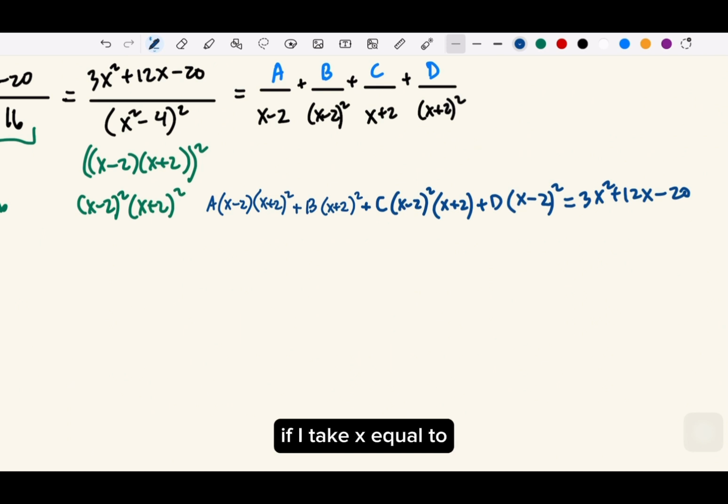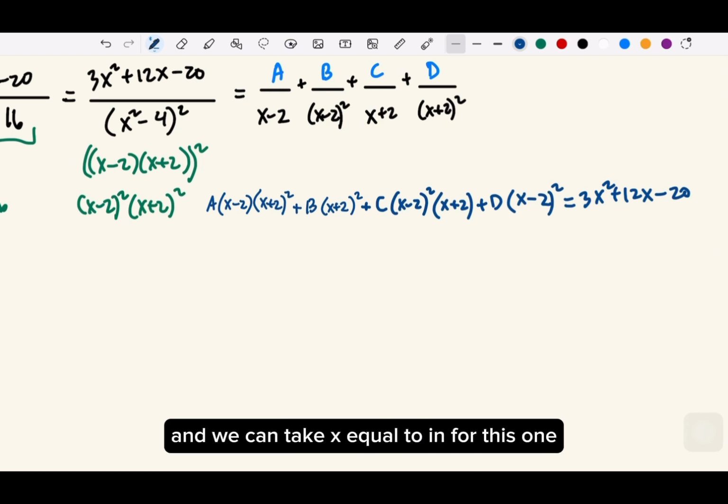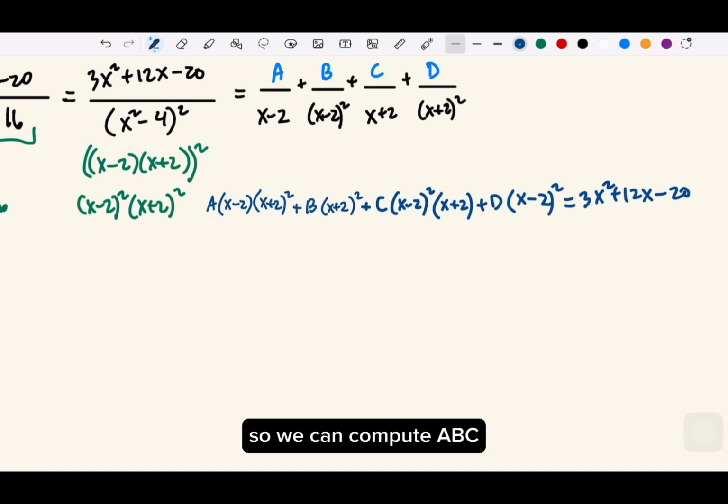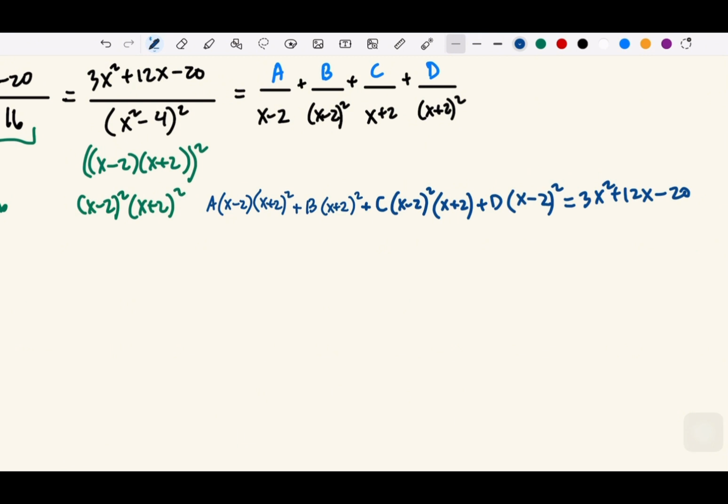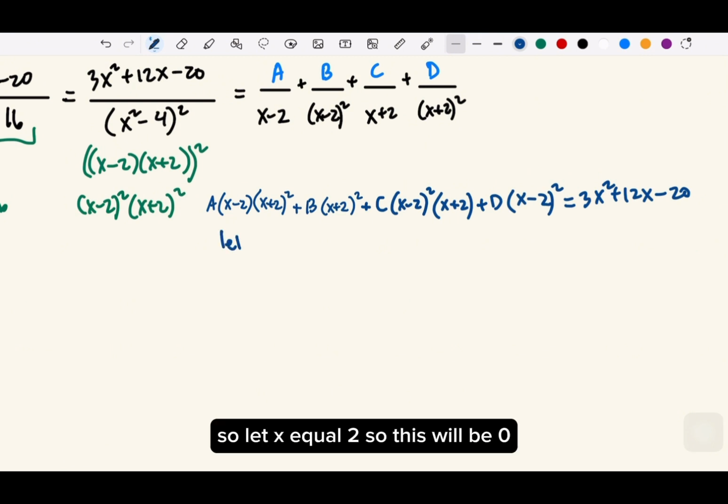For example, if I take x equal to 2, this will be 0, this will be 0, this will be 0. So let's try that one. Then we can compute A, B, C.